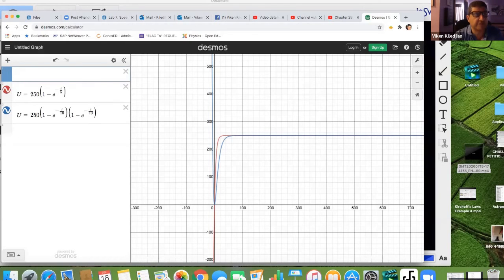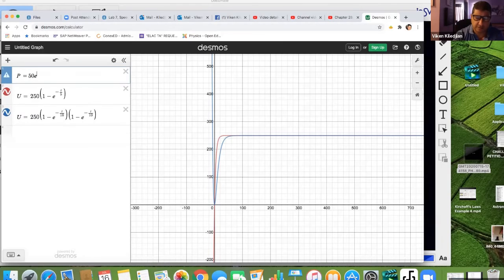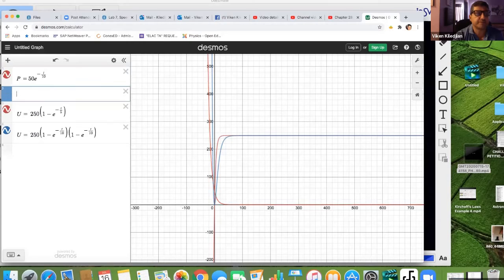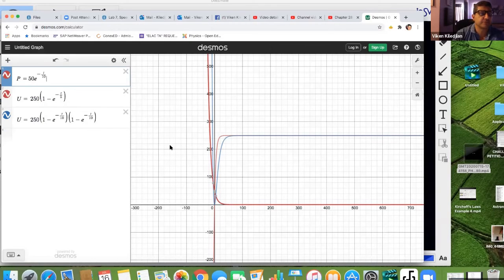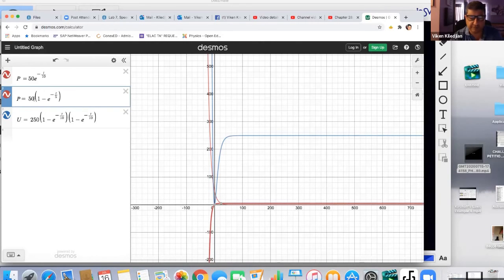Okay, the power of the battery is going to be 50 e to the power negative t over 10. Power of the capacitor. The power equations are easier because they don't have the 1 minus.